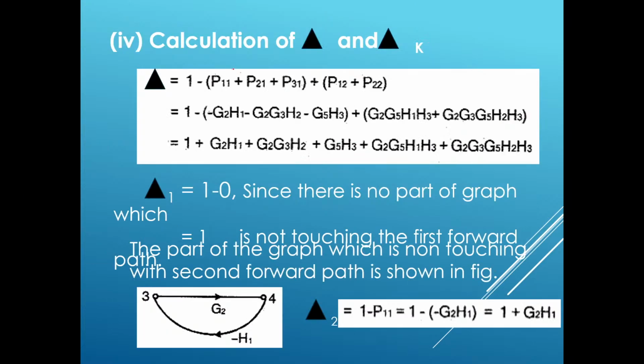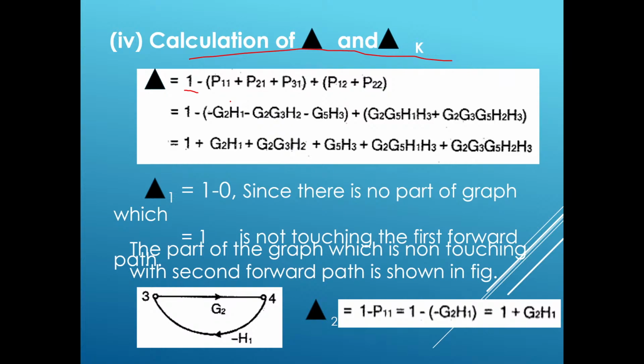Now the calculation of delta and delta k. The formula for calculating delta is 1 minus, what is P11, P21, P31, do you remember? I hope you won't remember.